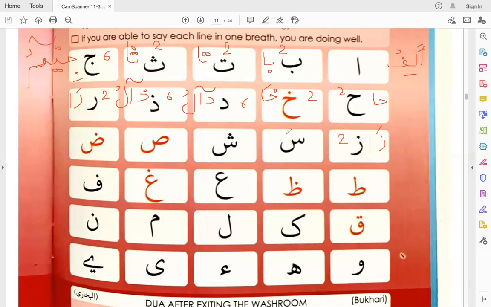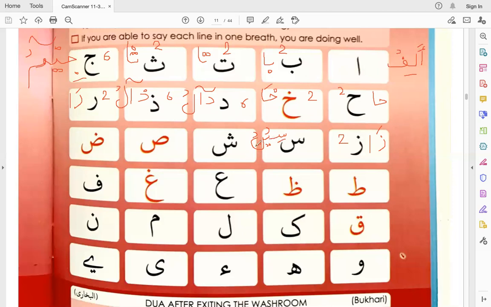Seen. Why am I stretching seen? Because more than two letters are involved to pronounce the name of this letter. Look, sa, ya, and noon. Look, there is sukoon at the end and you find a mad letter. The mad letter is ya sakina qablaha maksur. Ya, and you find kasra before it.